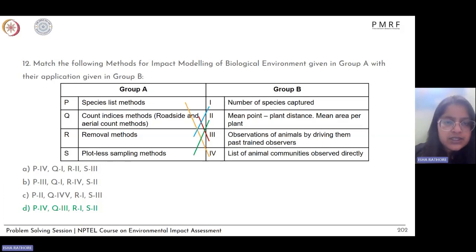So Q matches with 3. Then removal methods are used for number of species captured. R matches with 1. And plotless sampling methods are used as mean point plant distance, mean area per plant. So S matches with 2. So the correct answer is D, that is, P matches with 4, Q matches with 3, R matches with 1, and S matches with 2.